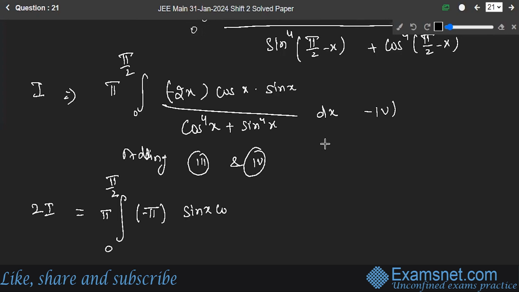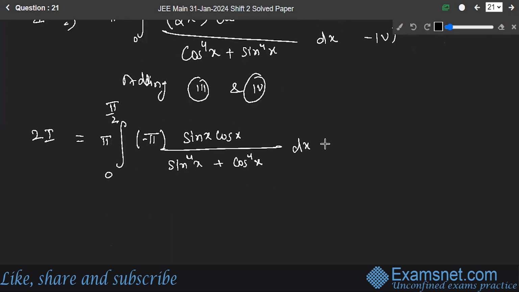Sin x cos x divided by sin power 4 x cos power 4 x dx. Now I'll take minus pi square outside, integral 0 to pi by 2.